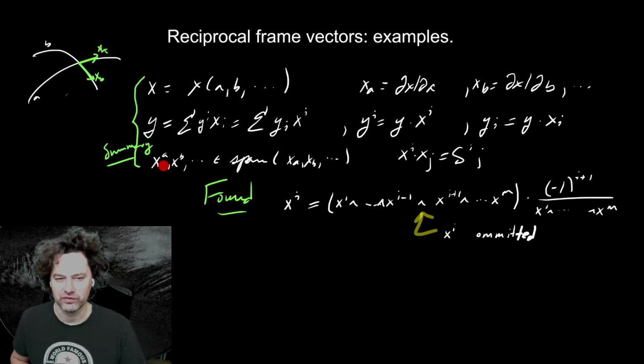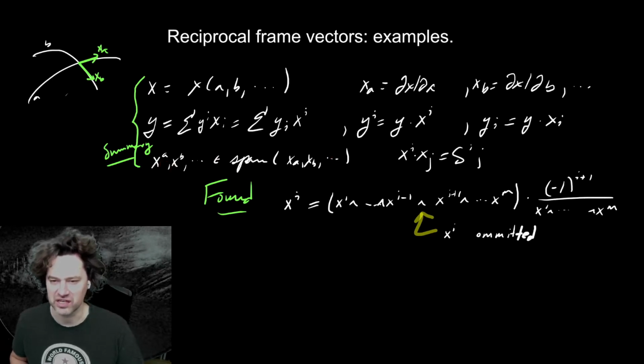Our reciprocal frame vectors are these vectors that lie within the span such that x upper i dotted with x lower j, for all i, j and a, b, c, d, and so forth, is delta ij.